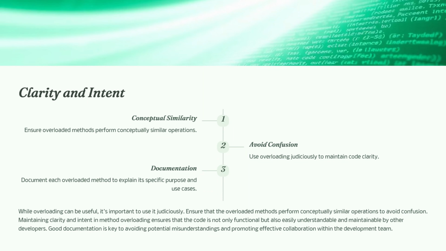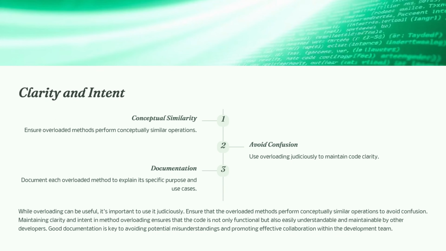Now, let's look at what is conceptually important when you use method overloading. First, conceptual similarity: the overloaded methods perform similar kinds of operations. You have the mindset that the same method will take different inputs, so conceptually it performs the same thing it is intended to do.